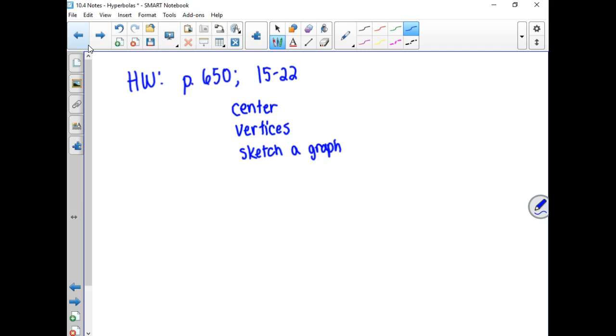I want you to do these: center, vertices, sketch a graph. The first 4 are already in standard form for you, so you don't have to solve them. You just have to find the center and vertices and sketch a graph for all of them. But the first 4 should be really quick because they're already in standard form for you. Okay.